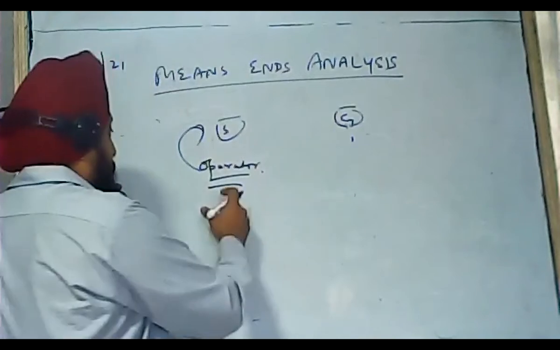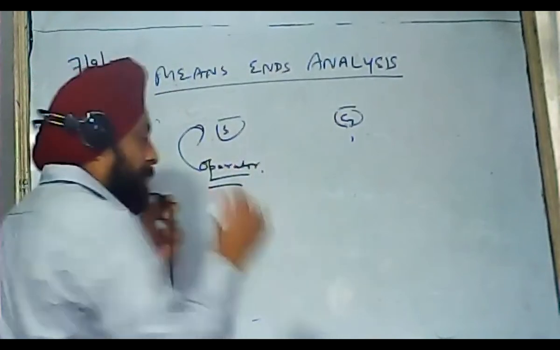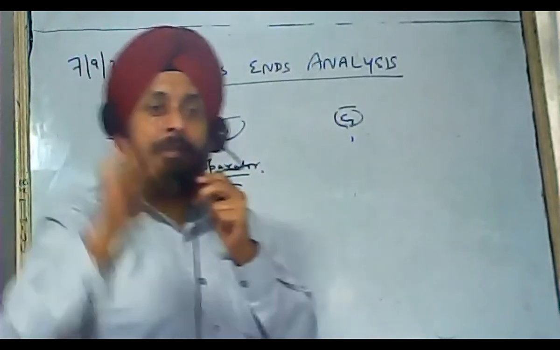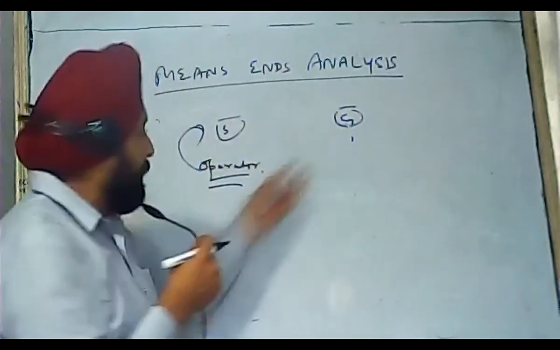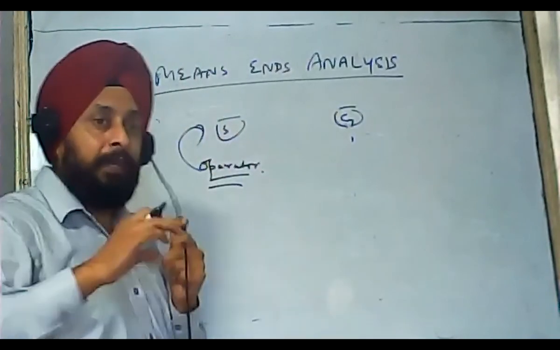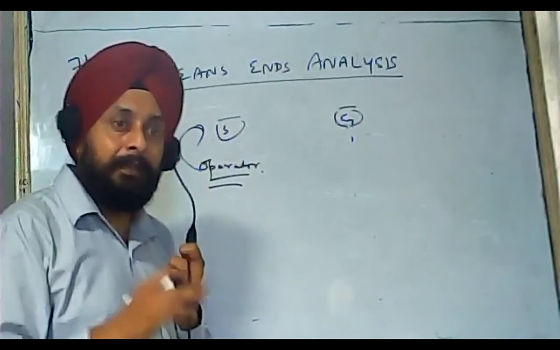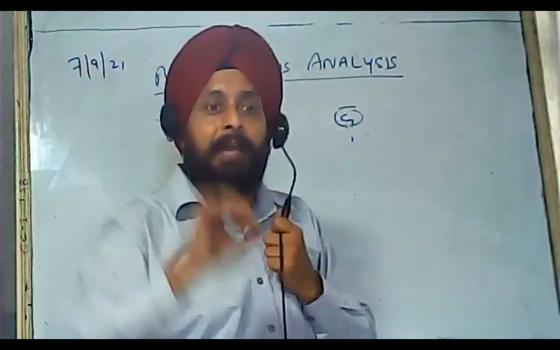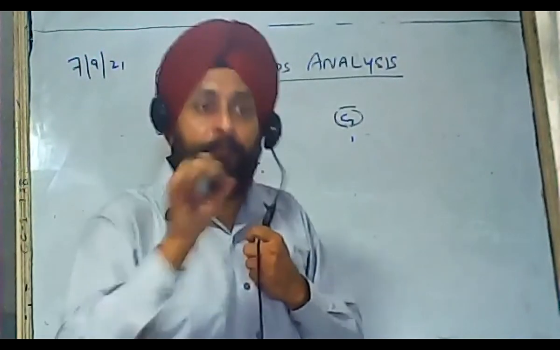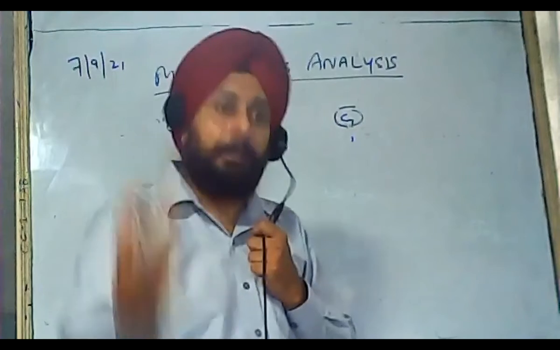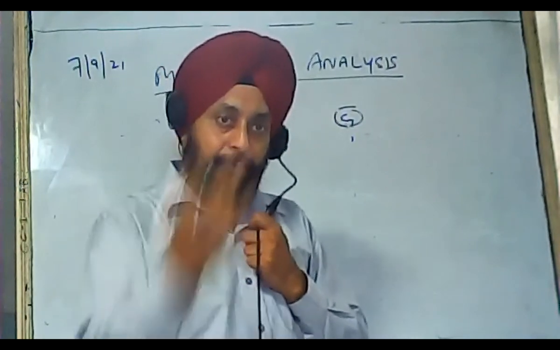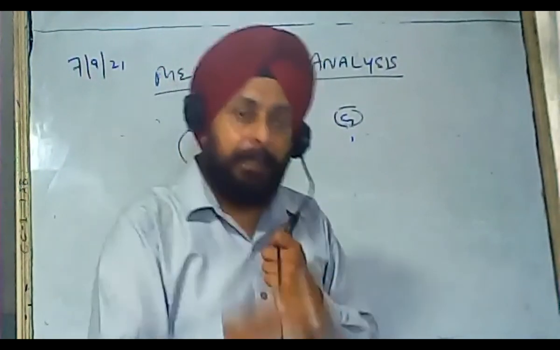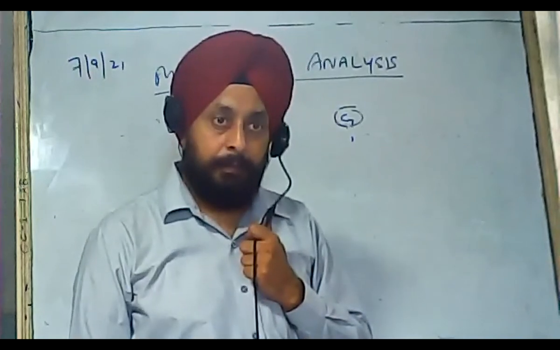So once you select the operator, it may be that this operator cannot be directly applied because you are not in that state. So we also have to see, after selection, whether this operator can be applied or not. If not, then it is a sub problem. Here we will come to the state where this operator can be applied.